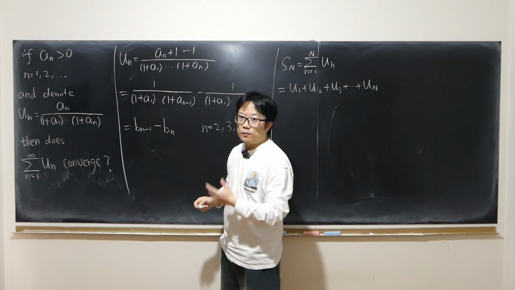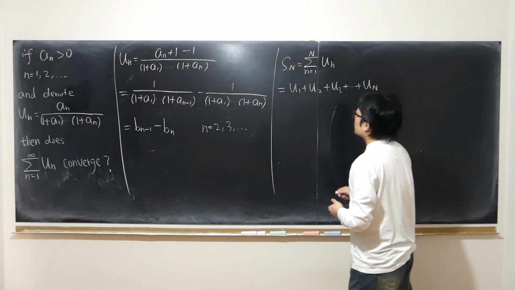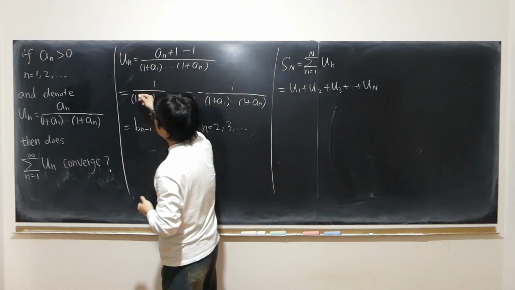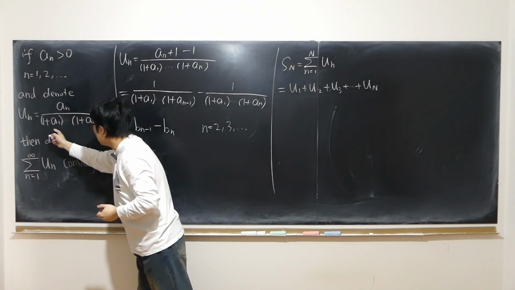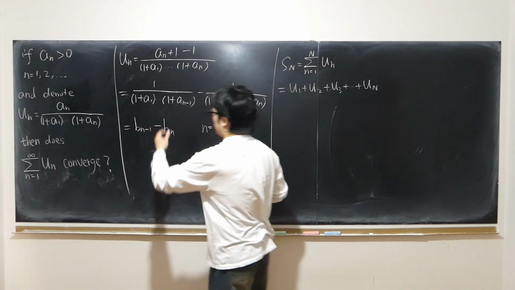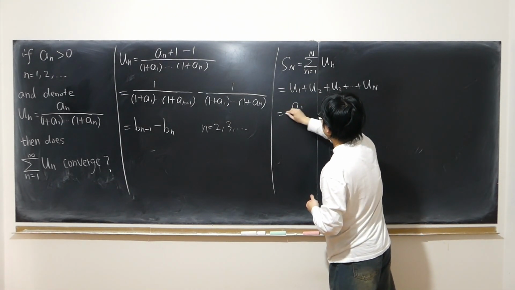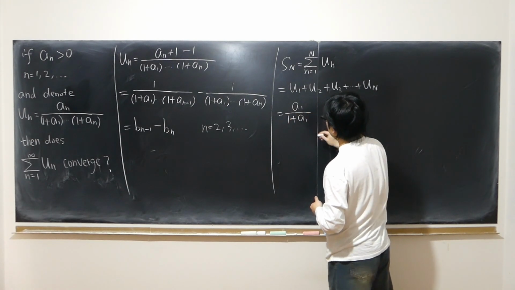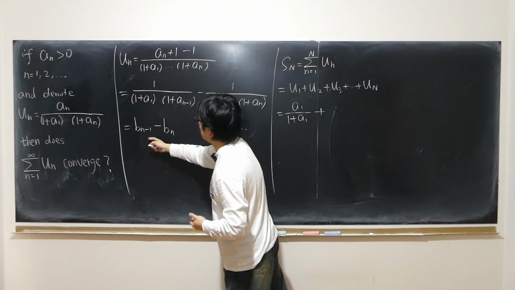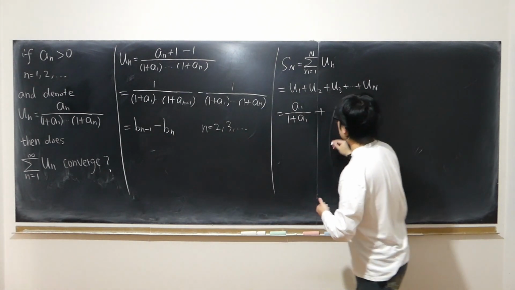It's undefined. We start from 1. So let's use the original definition of u_1, that's a_1 over (1 plus a_1), up to (1 plus a_1). So that's just a_1 over 1 plus a_1. For u_2, we can take advantage of our notation here. When n equals 2, that's b_1 minus b_2.